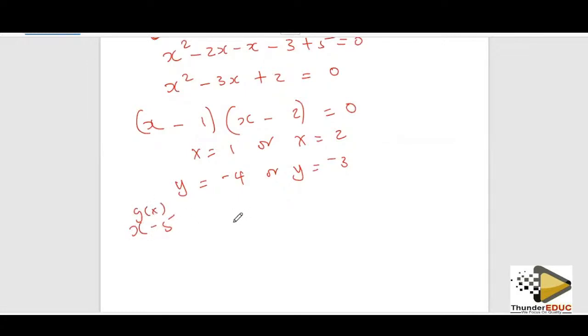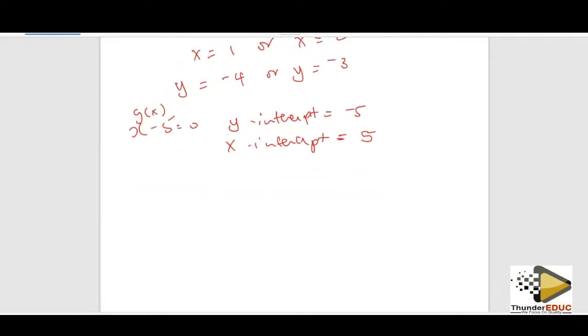But we know that the y-intercept is going to be negative 5. How about the x-intercept? If I put y to 0, then x is going to be 5. So 5 and negative 5, that's a gradient of 1. Okay, so that's all we need.